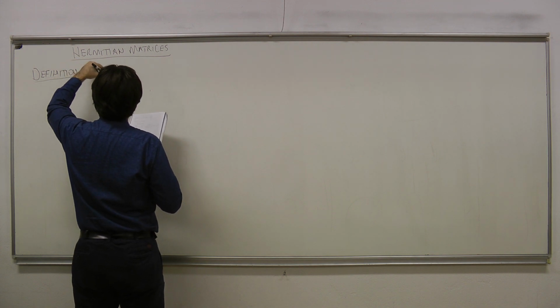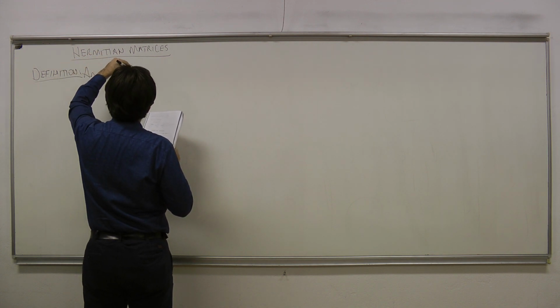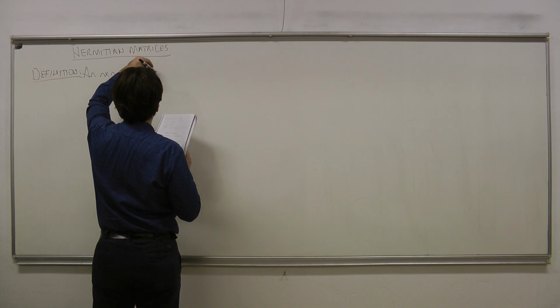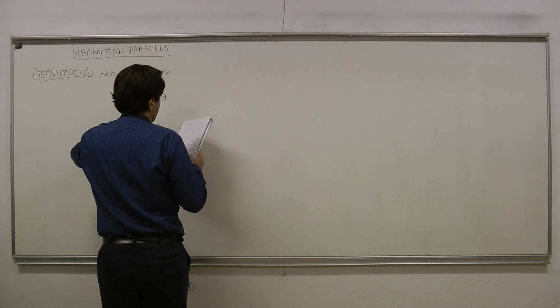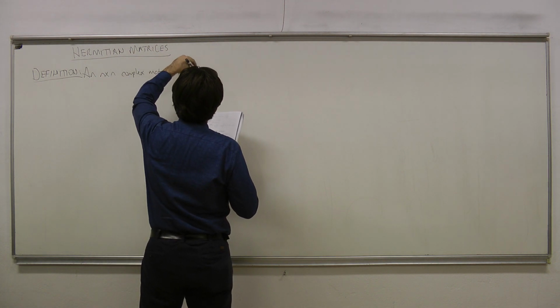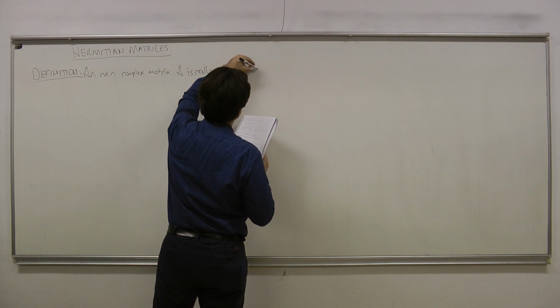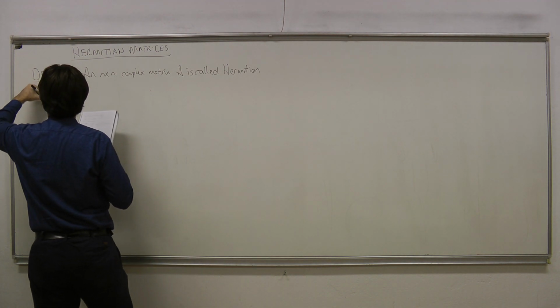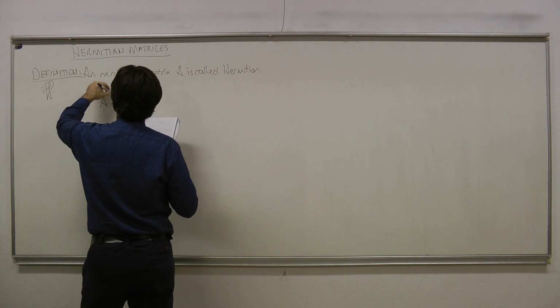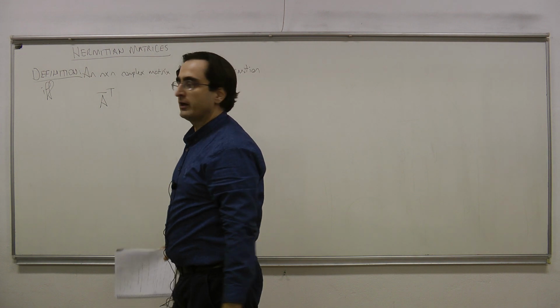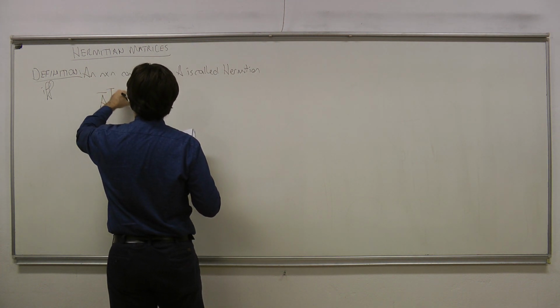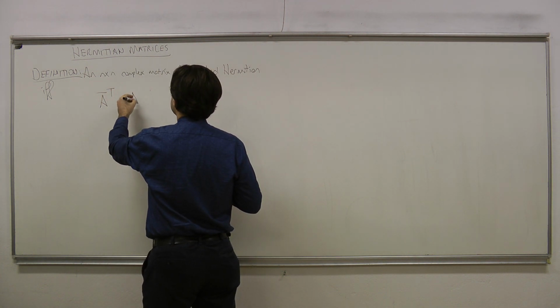An n by n complex matrix, in general a complex matrix A, is called Hermitian if and only if A complex conjugate transpose is equal to A itself. Okay?